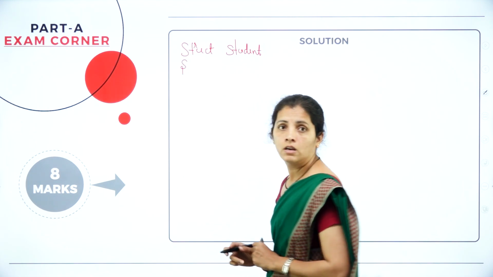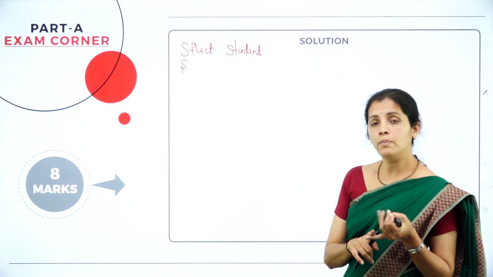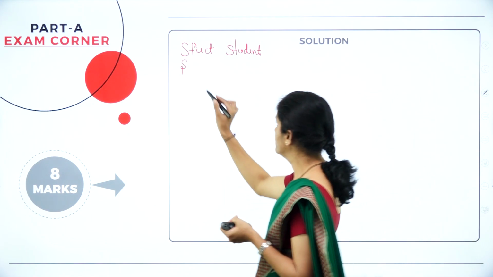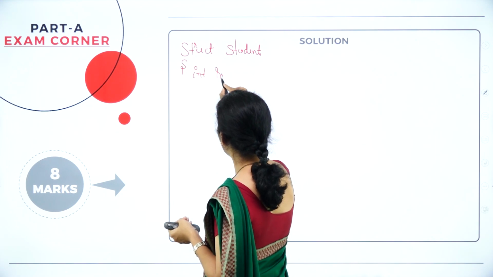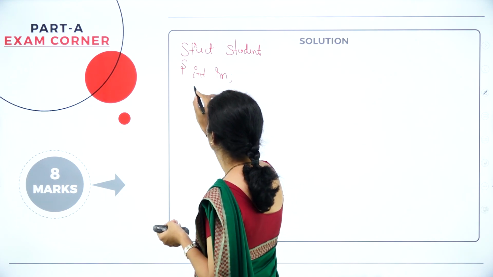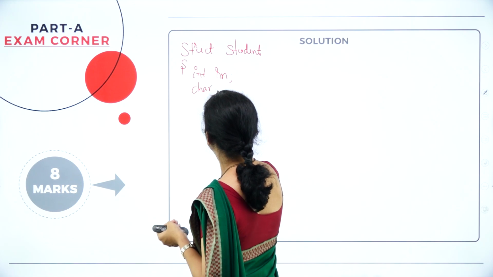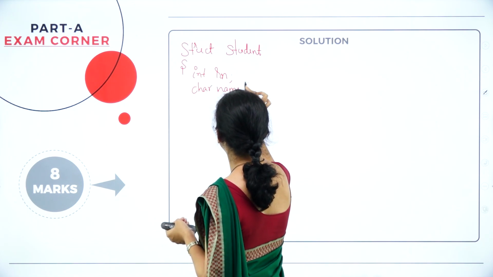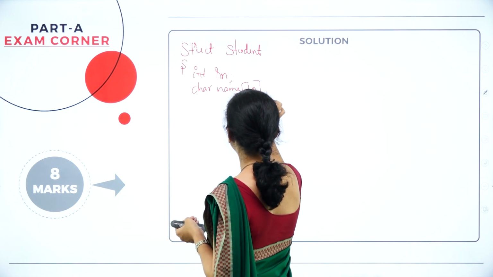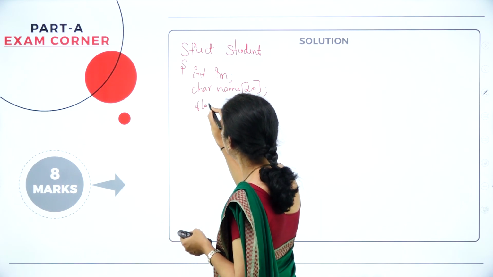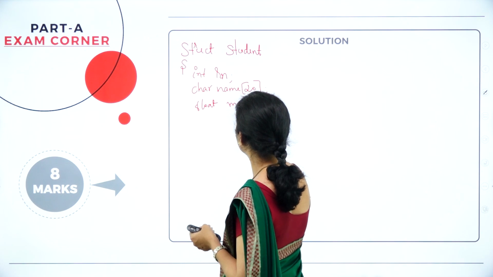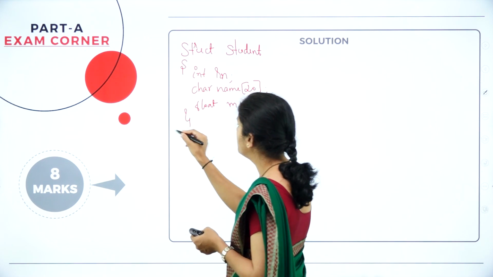Now, I'll consider roll number, name and marks. int rn; char name[20]; float m1; Okay, fine.